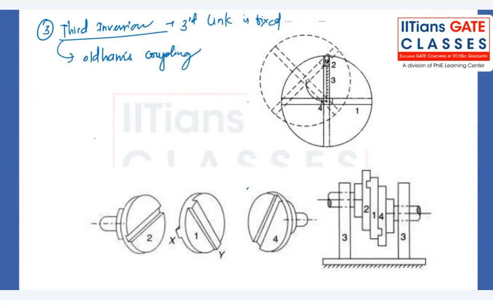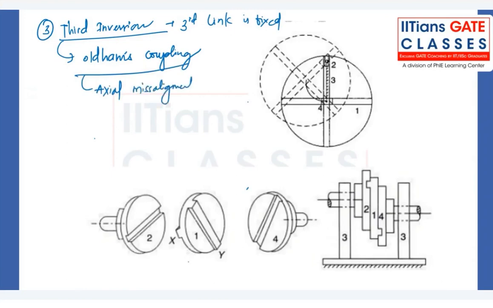Whenever two shafts have angular misalignment, we use a knuckle joint or universal joint there, right? To make a coupling. But whenever an axial misalignment is there, in that case we have to use the Oldham's coupling.